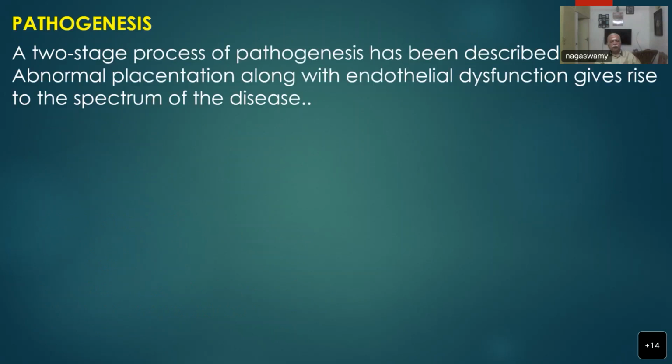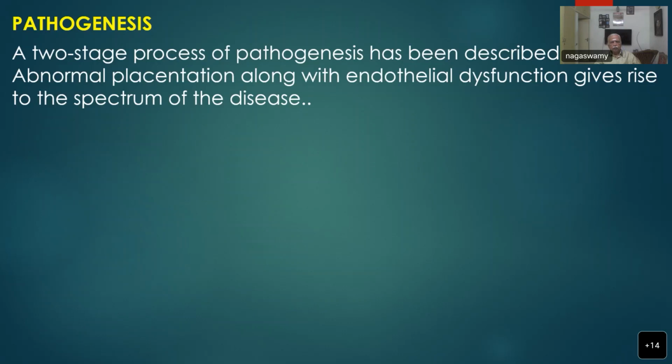And there are various theories which he mentioned. Till today there is no clear-cut proved cause. So there are various speculations or theories which are being used to describe why this is happening. But it is basically a two-stage process of pathogenesis.